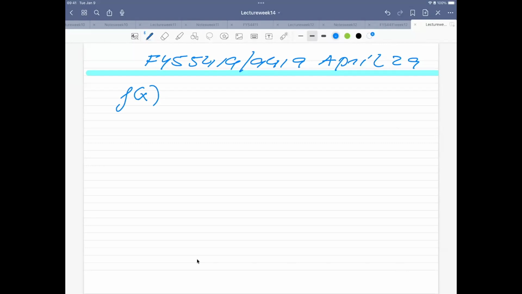Based on a Taylor expansion, we have some f of x0 here. Then we have some gradient term. I'm just going to write this as a vector, which is normally x minus x0 transposed, multiplied with the gradient of f of x evaluated at x equal to x0. That's the gradient, the term to first order.